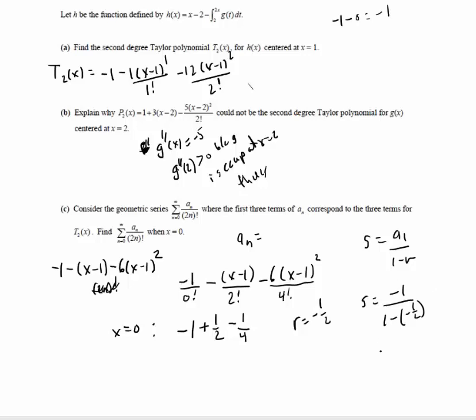So that'll be -1 over, minus a negative becomes positive, and 1 plus a half is 3/2. Flip that over, multiply by the reciprocal, and you get -2/3. And that's your sum that this converges to. So you could say converges to -2/3.